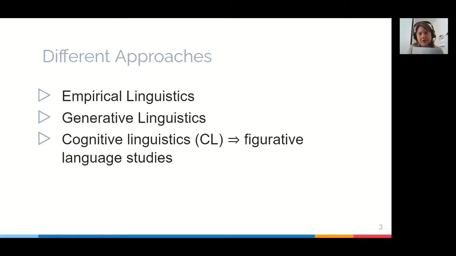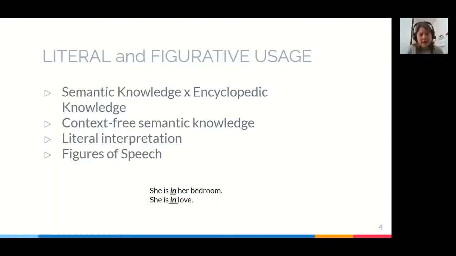Griffiths, that's the author we are following here in our semantics course, is not going to use the cognitive linguistic approach. He will rely on this difference that I mentioned to you, from semantic knowledge to encyclopedic knowledge.